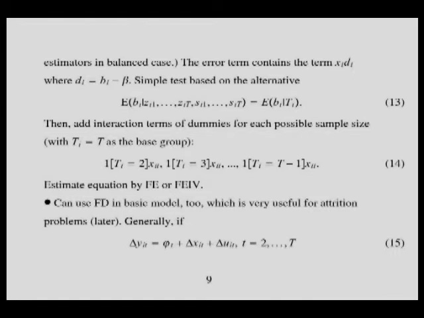So if you are worried that this unbalanced panel would cause one not to be able to consistently estimate the average effect, then it's easy to come up with some sort of test for it.